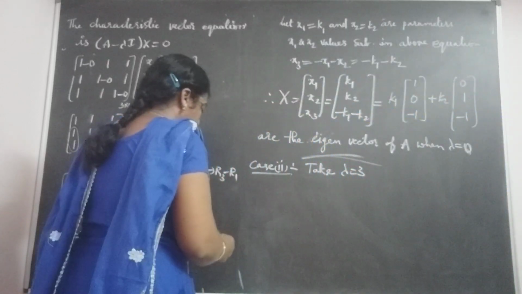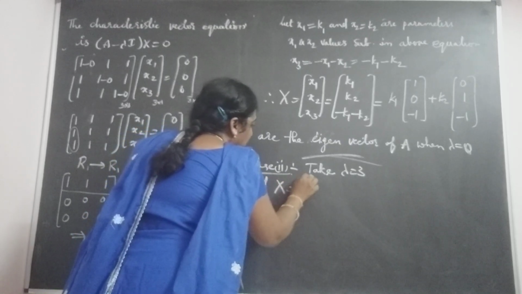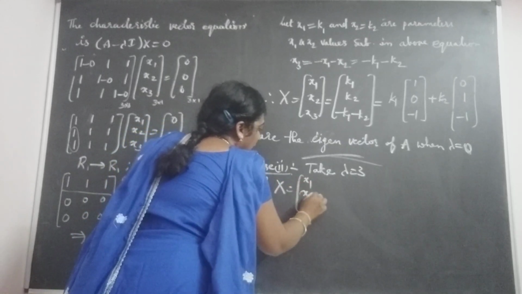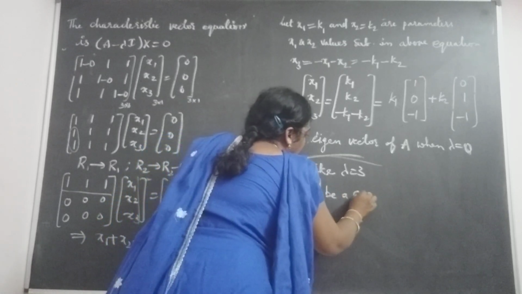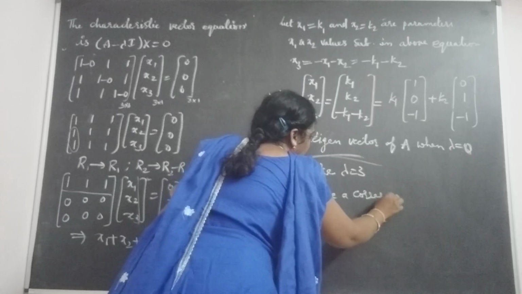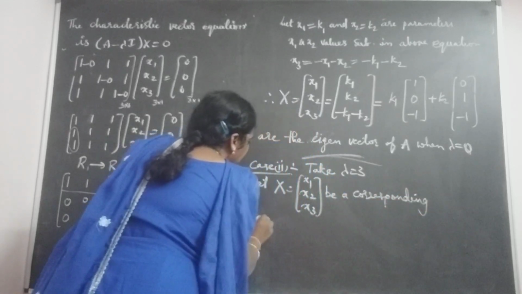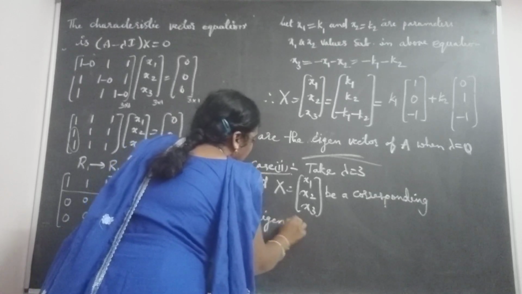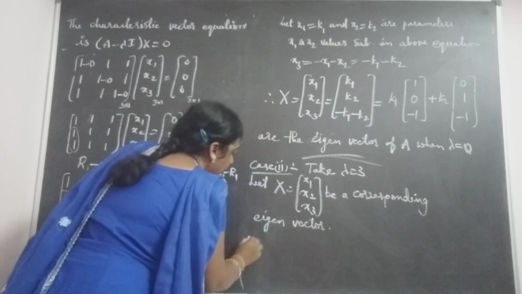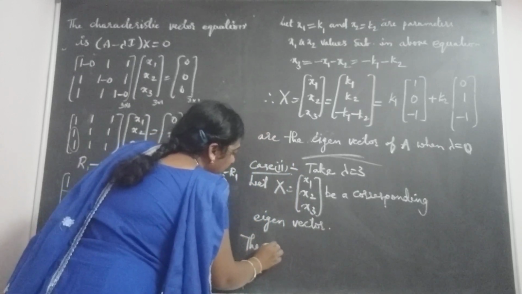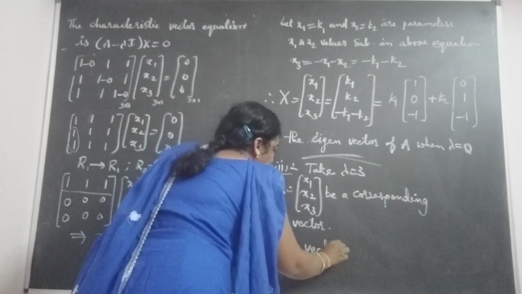In this, let x equal to x1, x2, x3 be a corresponding eigenvector. Okay. What is the eigenvector equation?